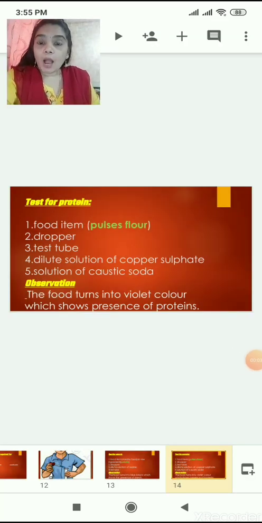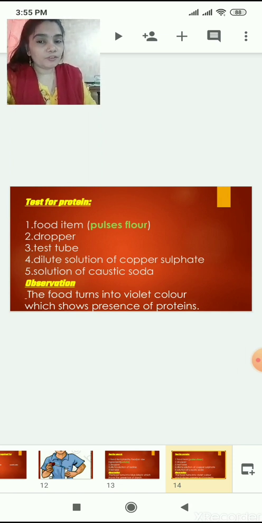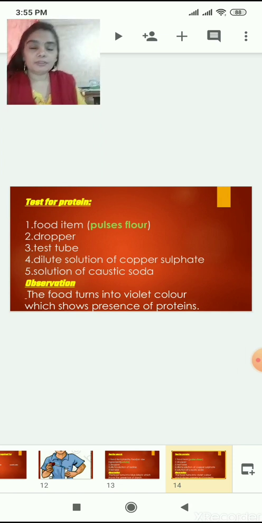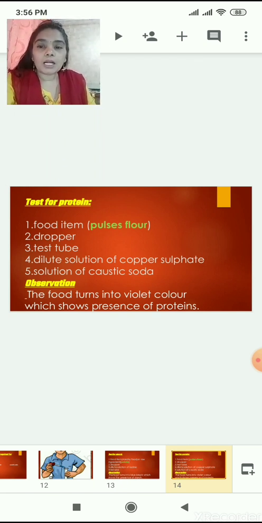So children, now you can repeat this test on other food items. Same procedure, and observe if any changes are there in the color. Now we can also do this test with milk, groundnuts, then uncooked powdered rice, that is rice ka atta, then cooked rice, then dry coconut, then tur dal powder, that is the raw one.